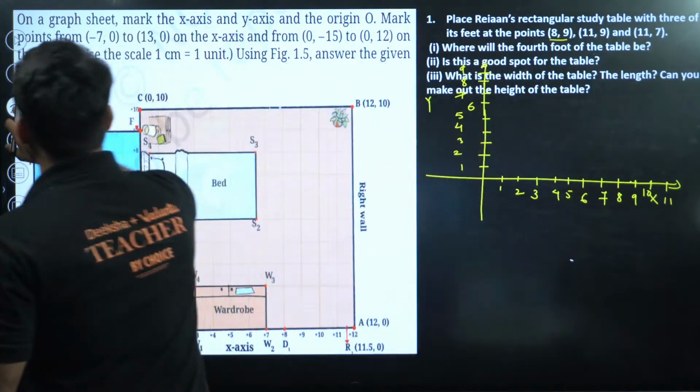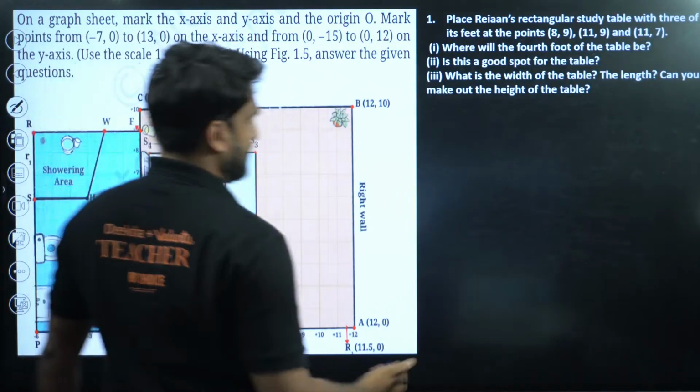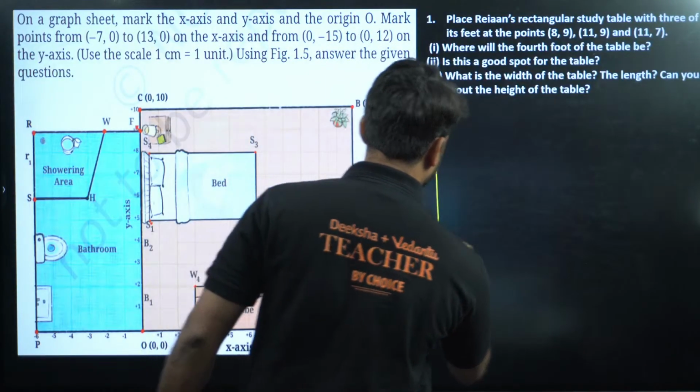Let me draw the diagram again here. The diagram should be clear because I am teaching you dedicatedly, so let me make everything very clear so that you will not be confused at all.